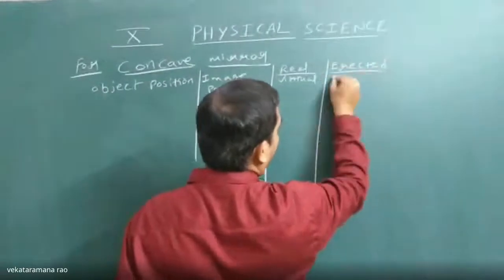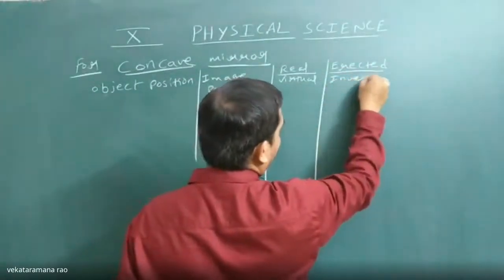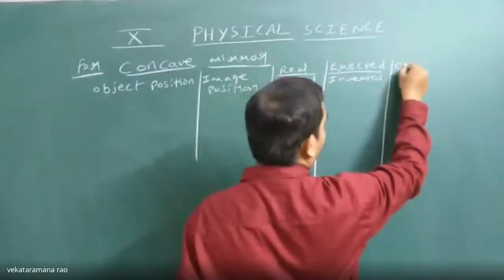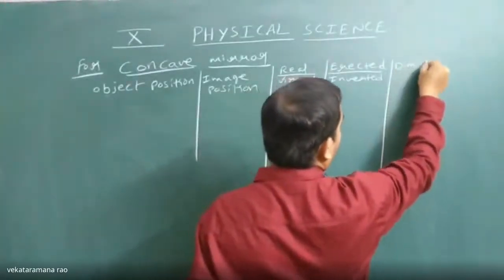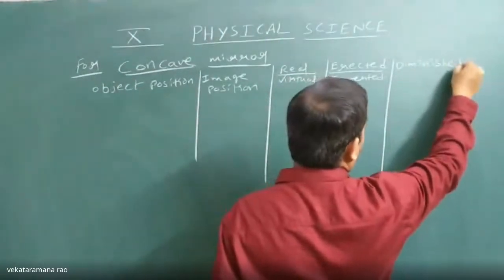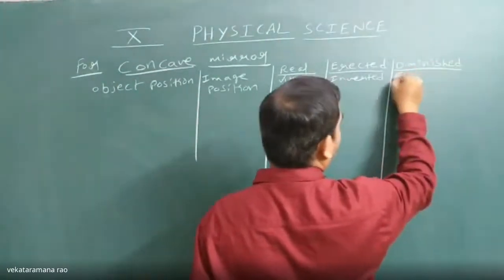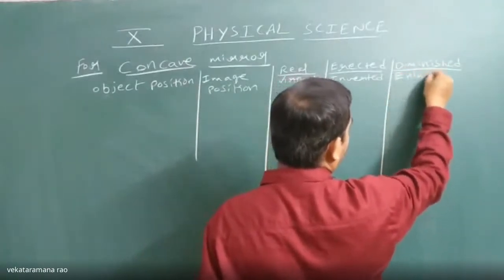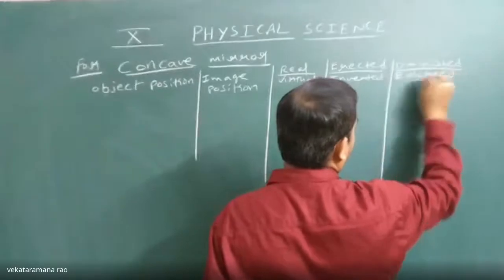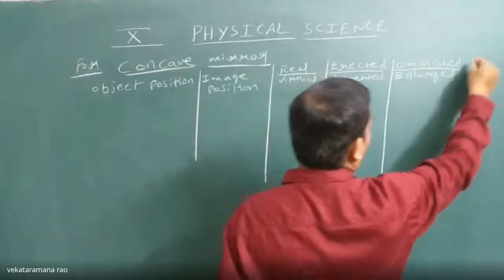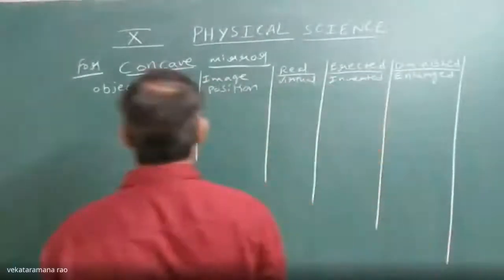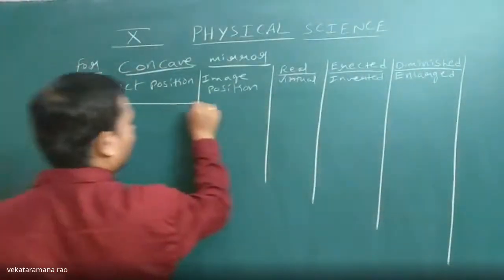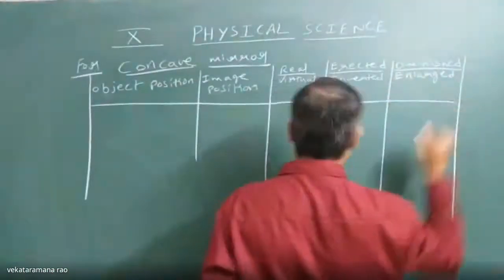Now the last one, diminished or enlarged. Enlarged is also known as magnified, or same size. So since it has 6 object positions, we have to go for 6 rows.